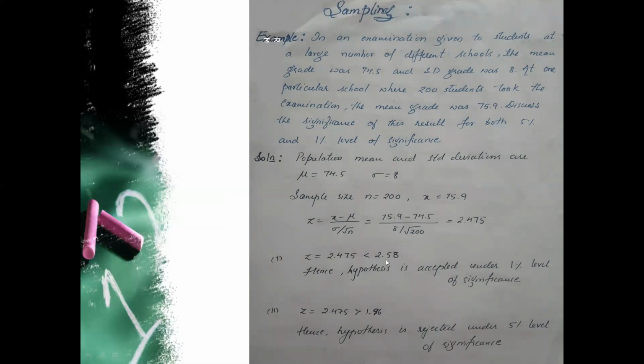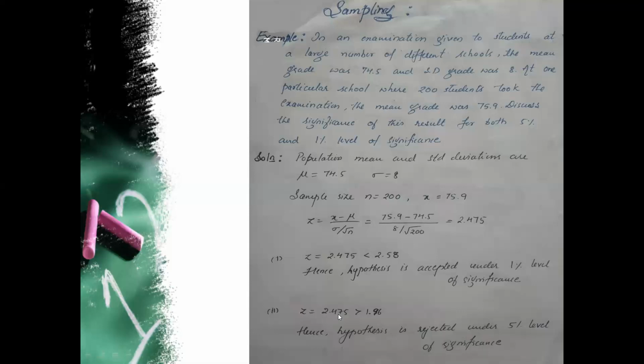So at 1% level of significance, we can say that our value of z lies in the acceptance area, hence the hypothesis is accepted. Hypothesis accepted means we can say that the mean grade can be considered to be from the population.